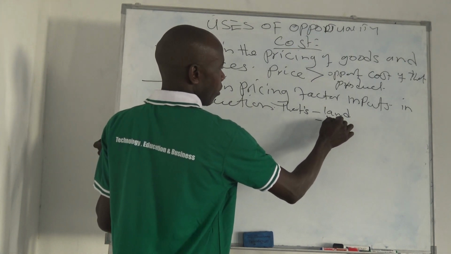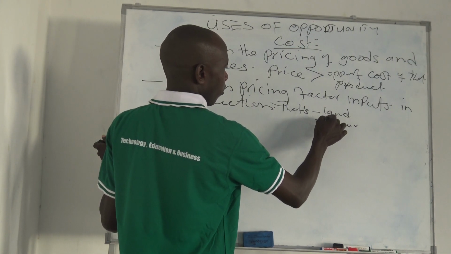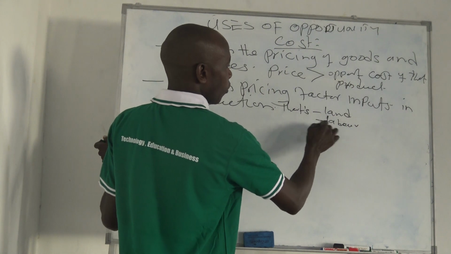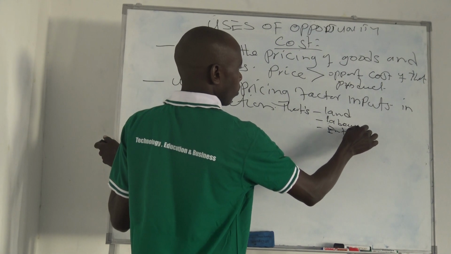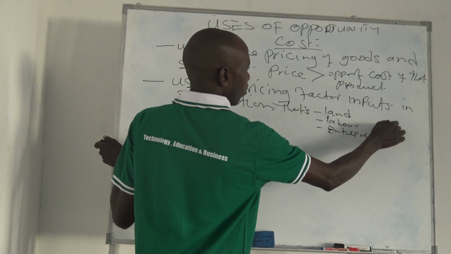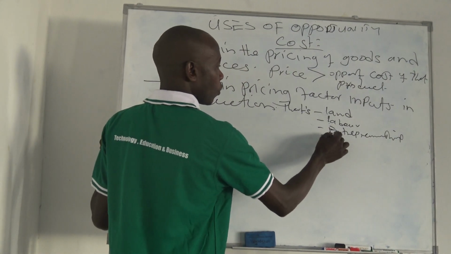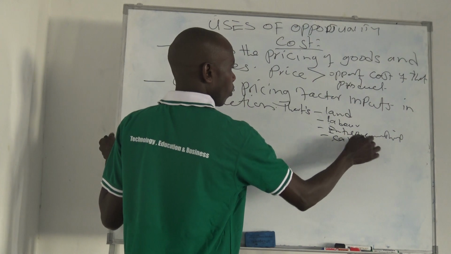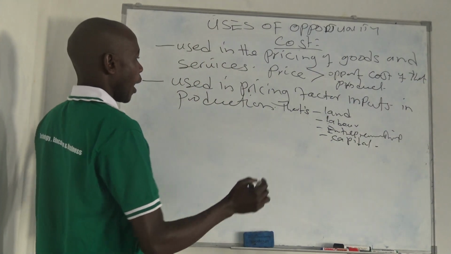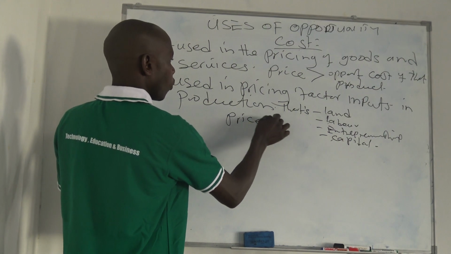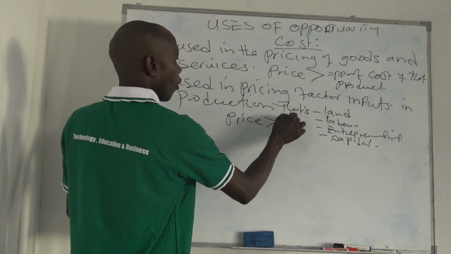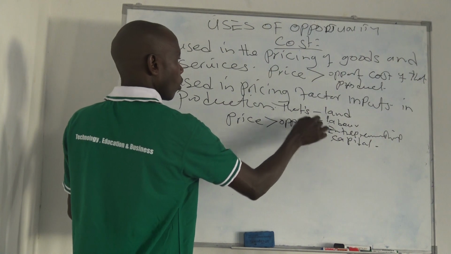Then labor, you have entrepreneurship, you have capital. All these ones are always given a price which is greater than their opportunity cost.